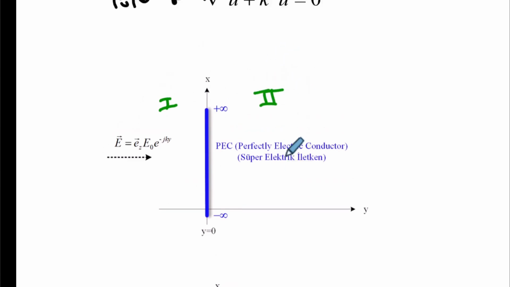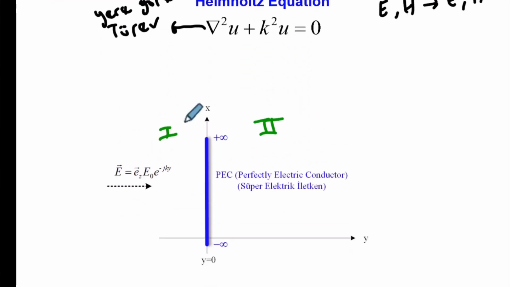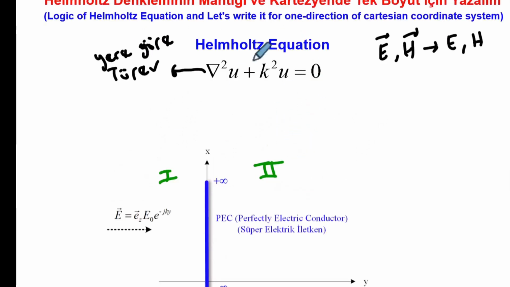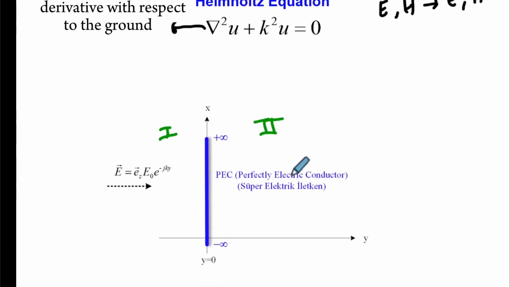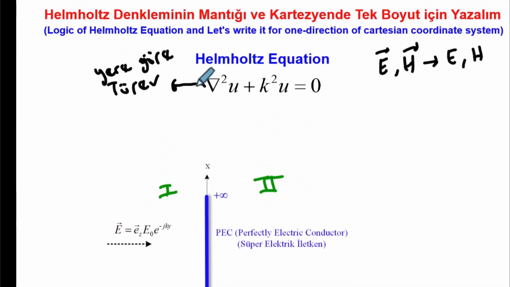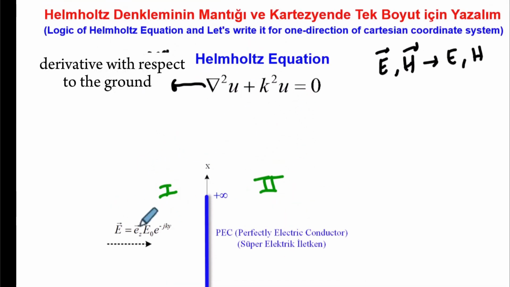Now here, Helmholtz is telling me that I need to apply it for the first and second regions. However, I see that since there will be no field in the second region, I can only use one variable from the Helmholtz equation, either through E or H, whichever I have. For example, in this case, there is E. I will expand U by taking E and use a single Helmholtz. So, what do I obtain from a single Helmholtz, friends?